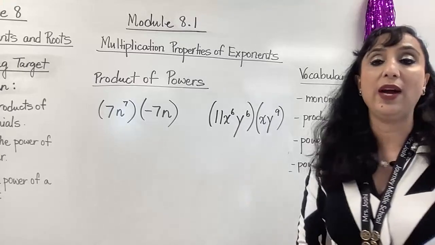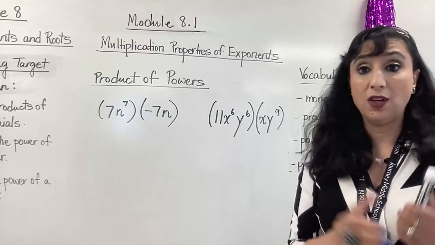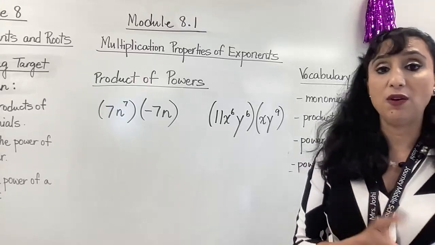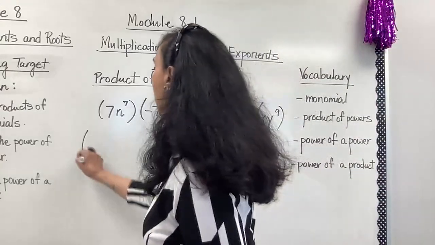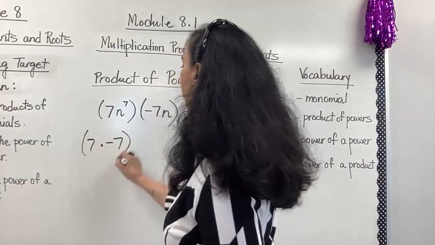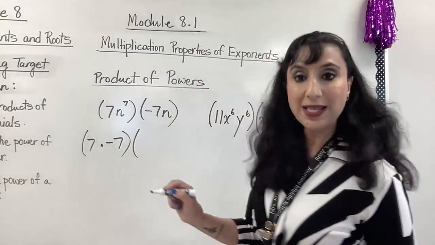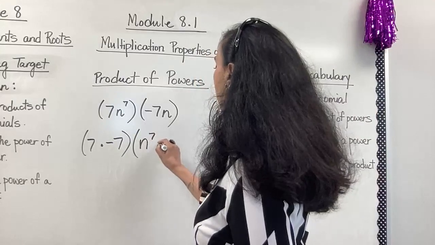We are going to go ahead, once again, group the common variables, and we're going to group the coefficients. Okay, so in this we have our 7 times -7, and our common base is going to be n to the 7th power times n.